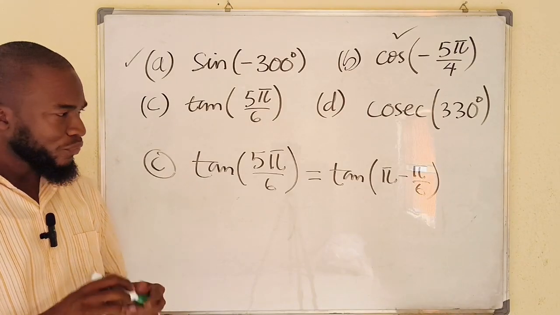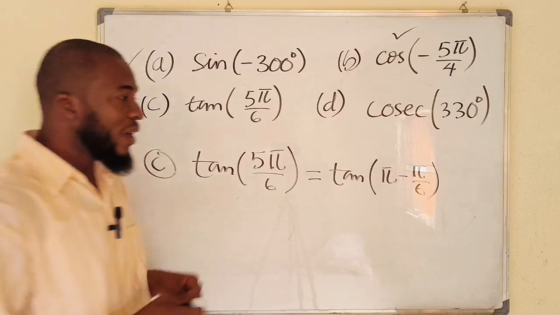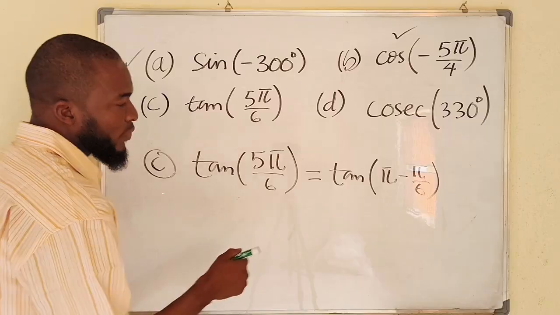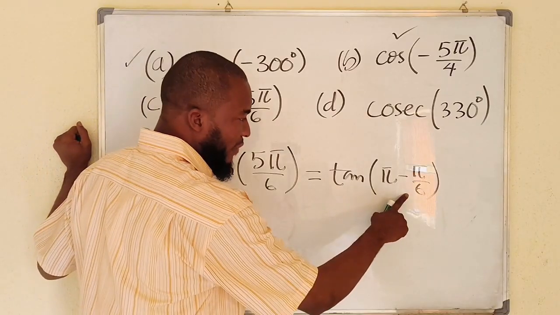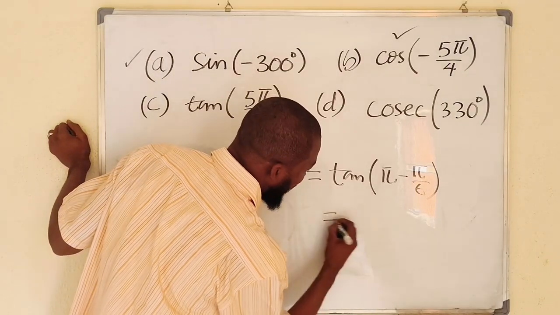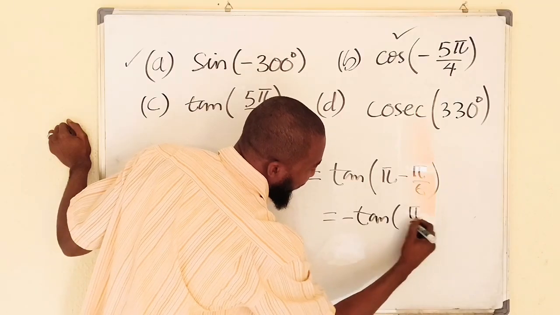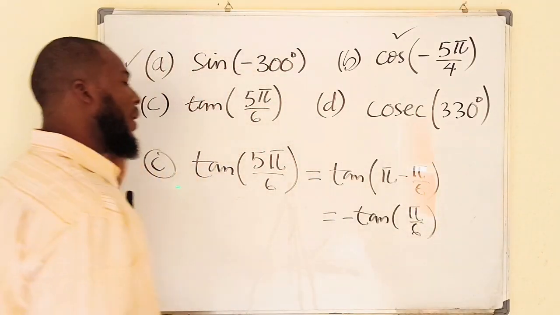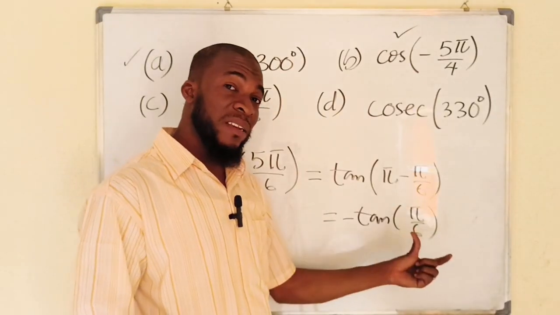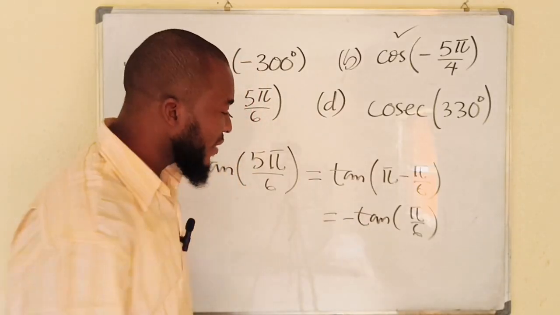So again, remember that tangent is equal to what? Sine divided by cosine. So what should I do first? Instead of taking tangent of the whole of this, in the second quadrant, we know that tangent is negative, right? So this will be equal to negative tangent of pi divided by 6. But I think instead of taking tangent directly, we can take sine divided by cosine, because tangent is equal to sine divided by cosine.